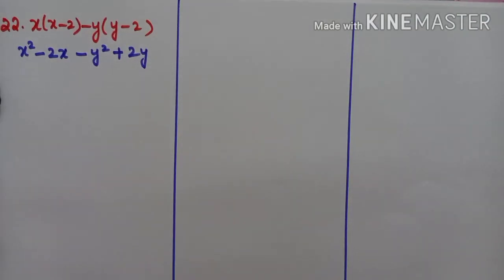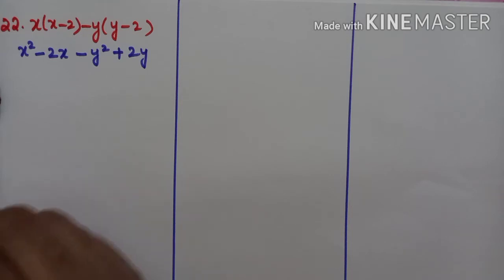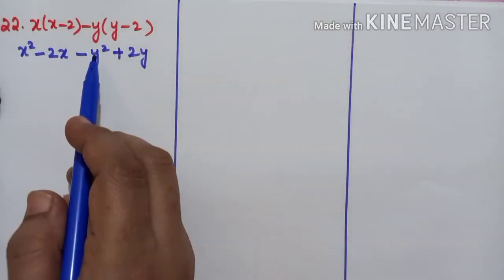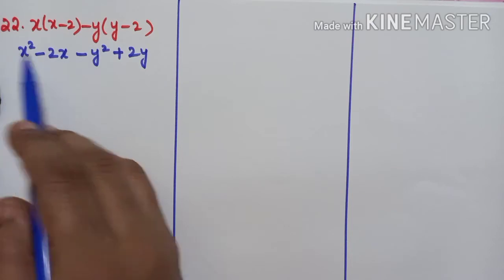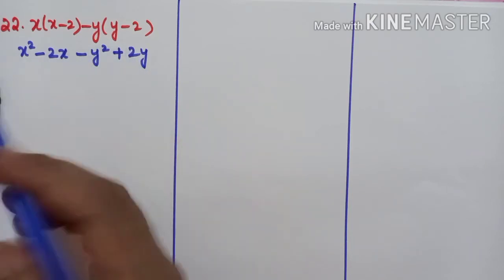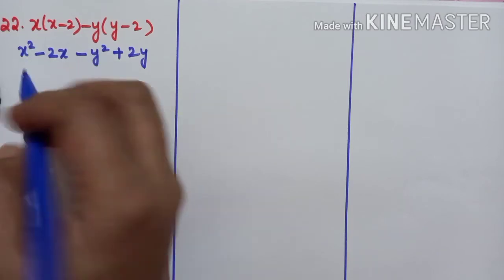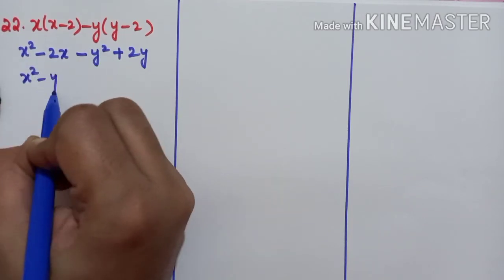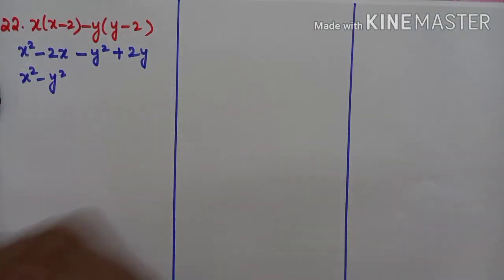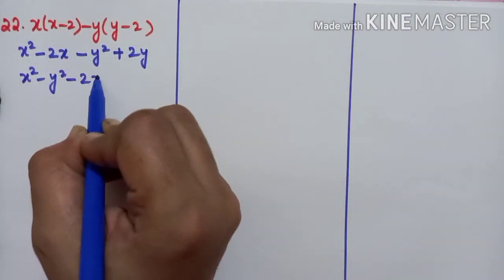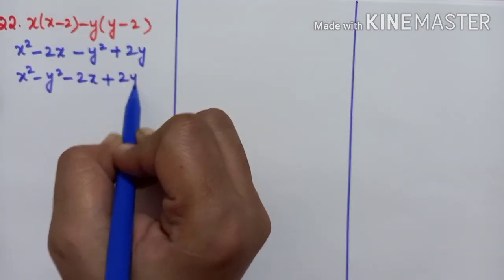Now what can you take together so that it can be in the form of some expansion, like x square and y square? Let us write this together, and 2x and 2y together. Now x square minus y square we write together, after that minus 2x plus 2y together.